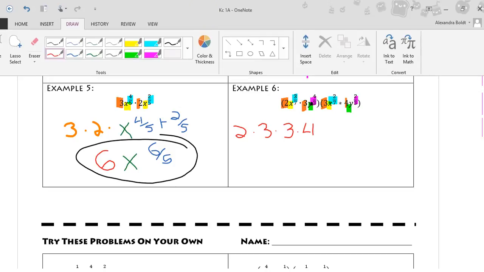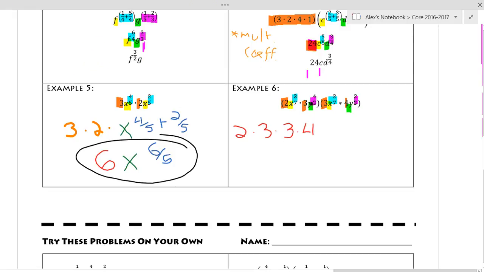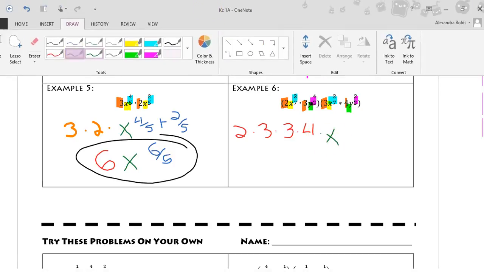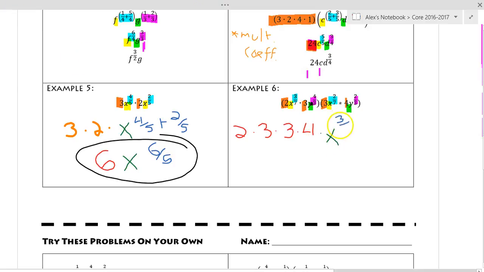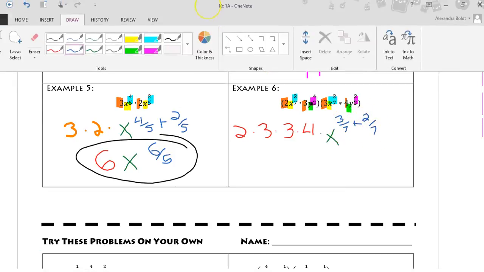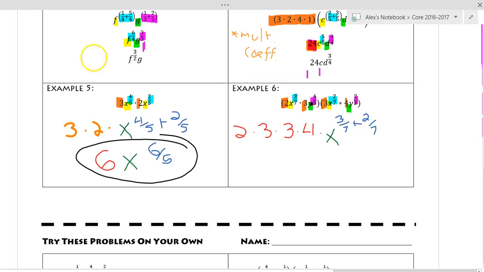Then start with your first base, which is x. And x is raised to the 3/7 and the 2/7. So I add those. Times my other base, which is y.